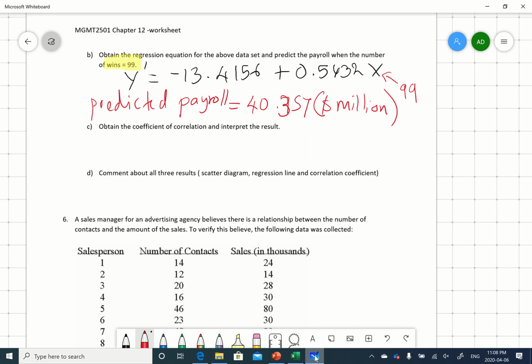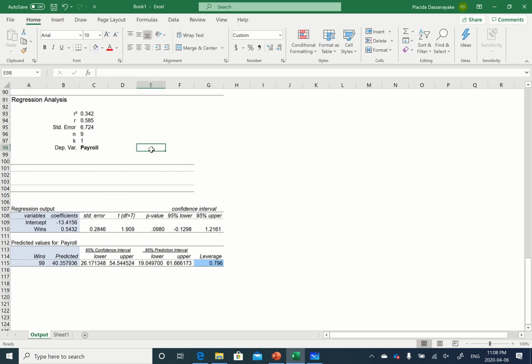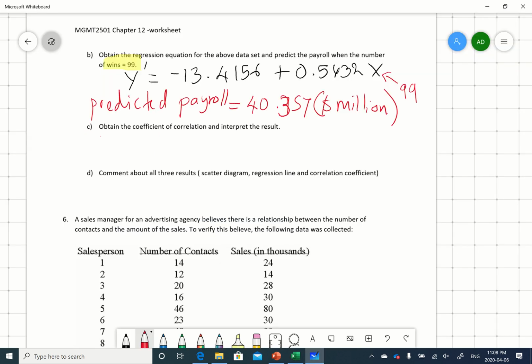Then obtain the coefficient of correlation and interpret. Correlation is just R, so R equals 0.585. Look at the sign: positive. Look at the magnitude: it's right in the middle between 0 and 1.